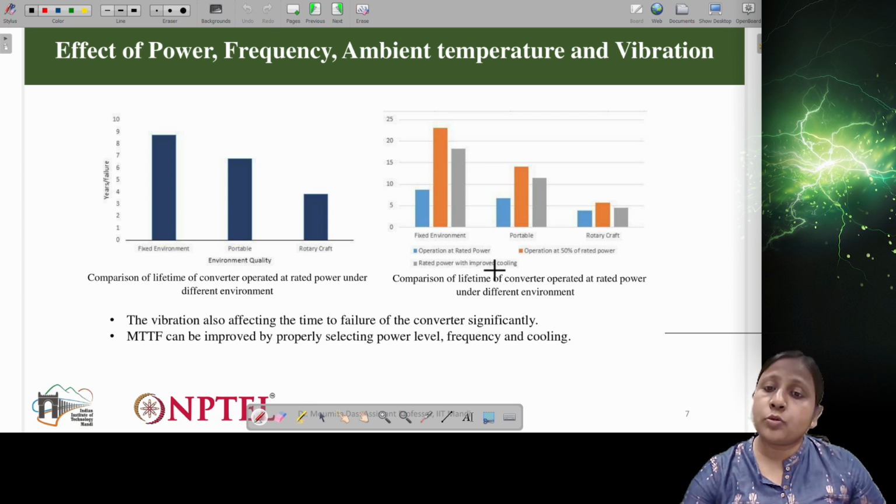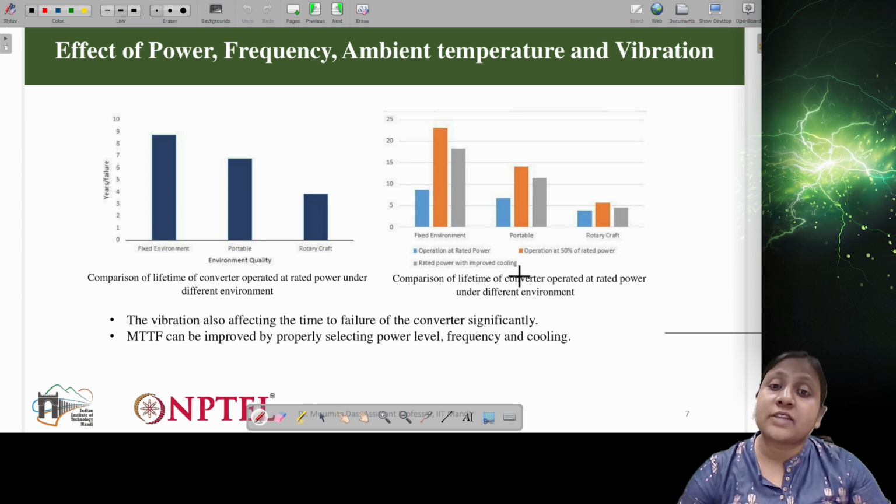Rated power with improved cooling is the gray one. So at a low power level it will be able to operate much longer, meaning the failure rate will be less. Whenever it is at rated power, the number of failures will be much higher and the years of sustain will be less.